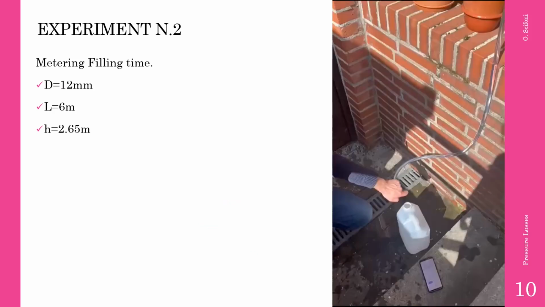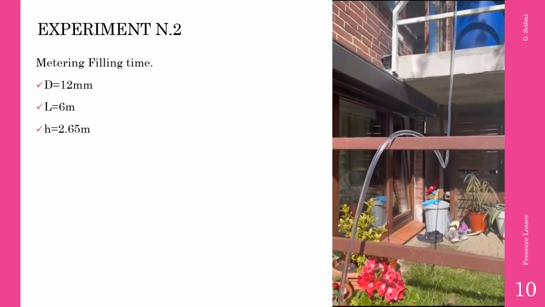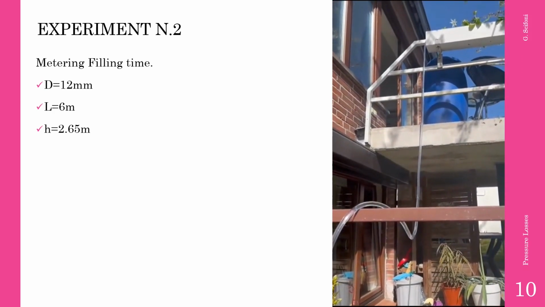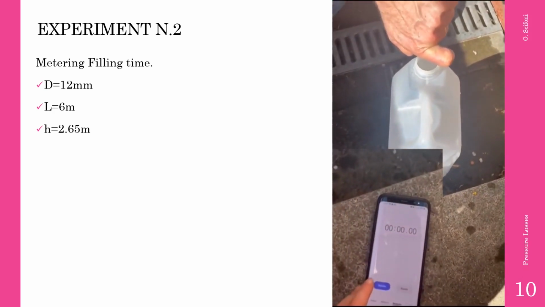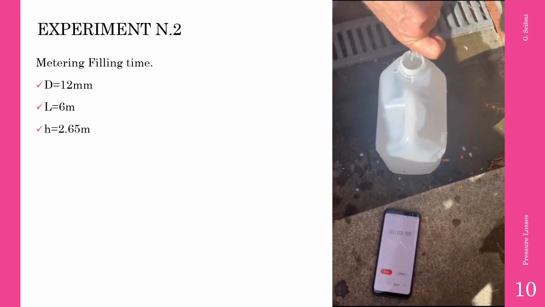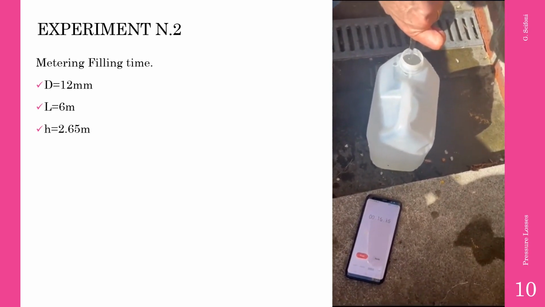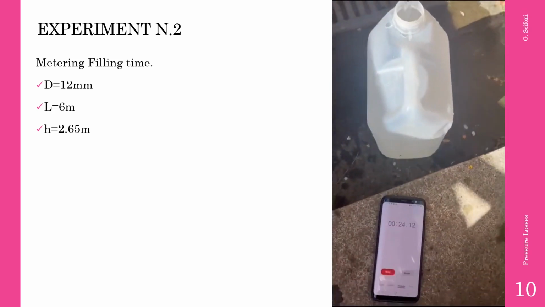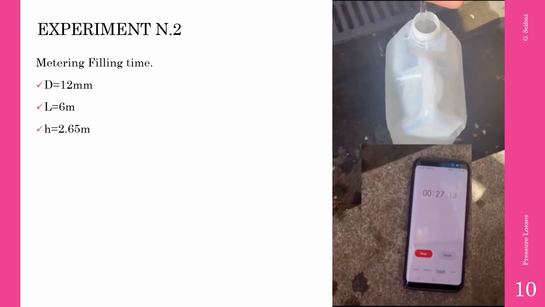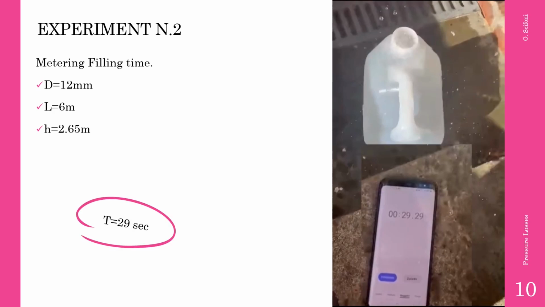This is the second experiment with a bigger pipe size. Also in this case we increase the speed during the internal time and we switch back to the real time at the end of the filling. We meter 29 seconds.